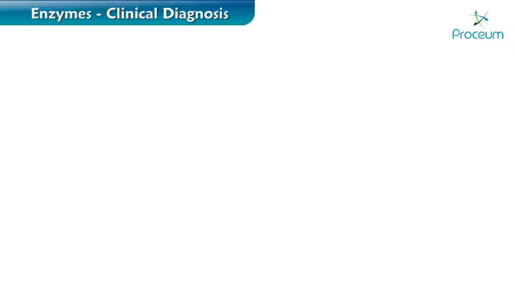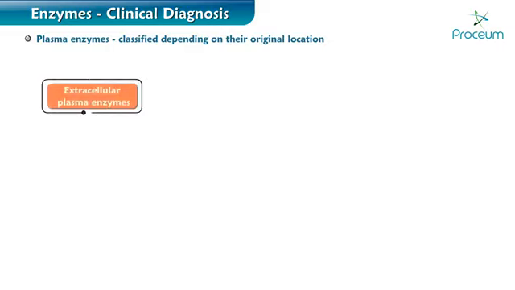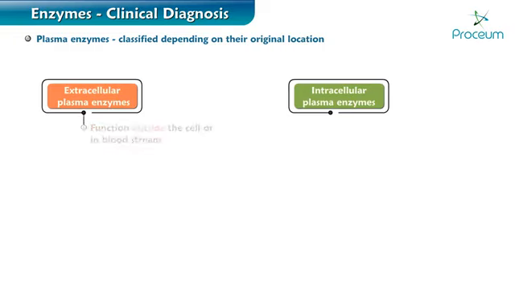The next major topic we'll cover are enzymes in clinical diagnosis. Plasma enzymes can be classified, depending on their original location, into extracellular plasma enzymes and intracellular plasma enzymes. Extracellular plasma enzymes are the enzymes which have functions outside the cell or in the bloodstream.